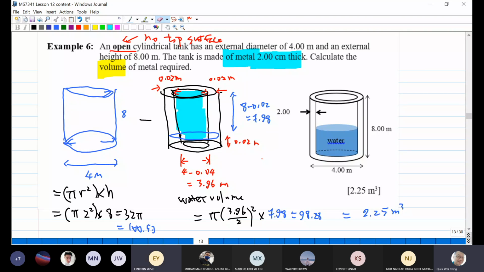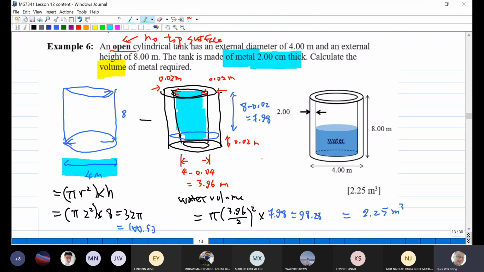Then because of the thickness, each side is 0.02, so 4 meter minus 0.02 on one side, and then the other side is 0.02, right? So the total diameter now is 3.96. This is the diameter. Then divide by 2 to get the radius. And that's how we get this one.